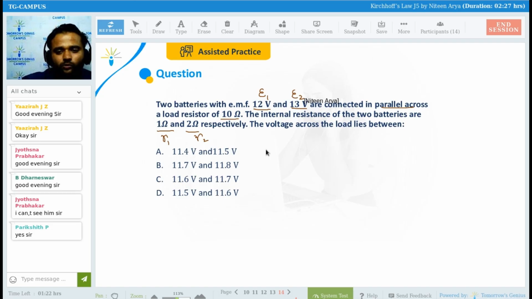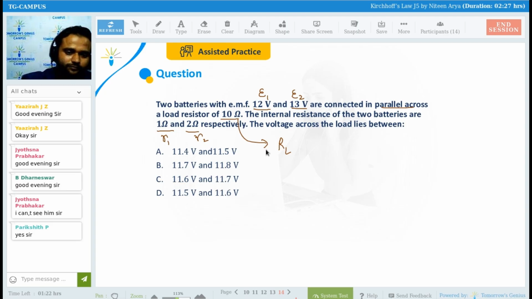In this way we write in general books, and this is RL in any particular circuit. Now, what they ask is: the voltage across the load lies between which particular voltages? You need to select the correct answer, as simple as that.